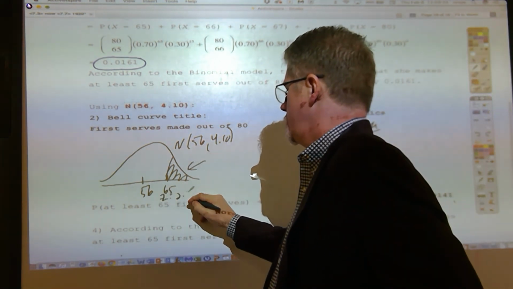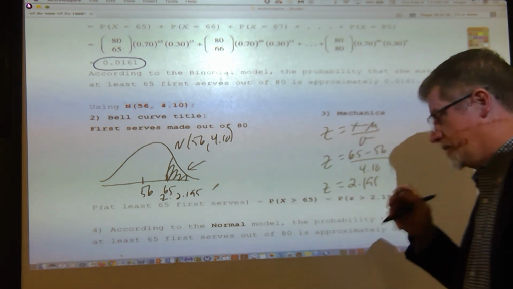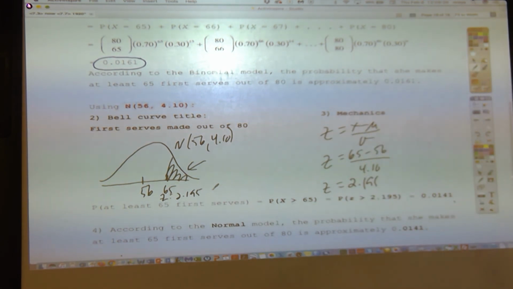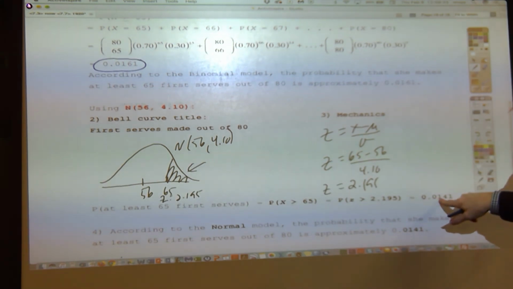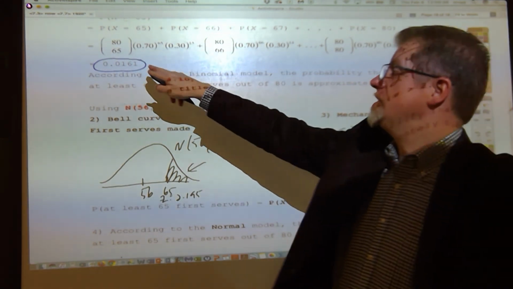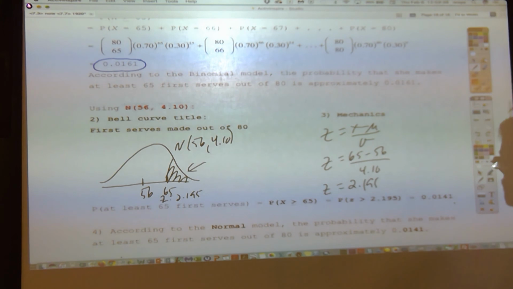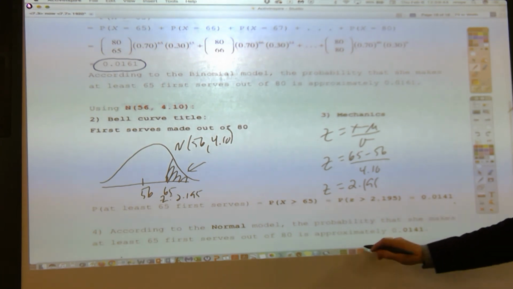So go to normalcdf. You should get 0.0141. That's pretty close to 0.0161. The normal model gave 0.0141, which is almost the same thing. So according to the normal model, the probability is approximately 0.0141.